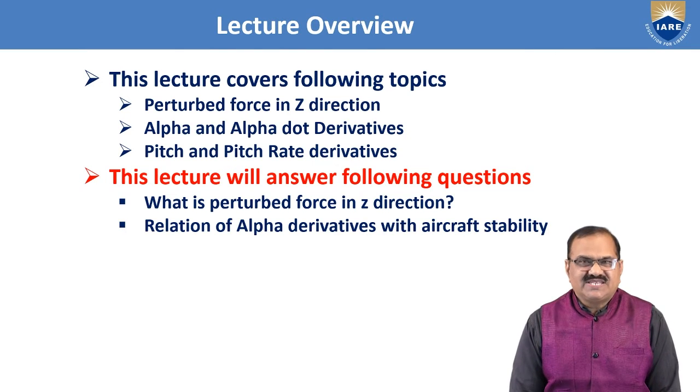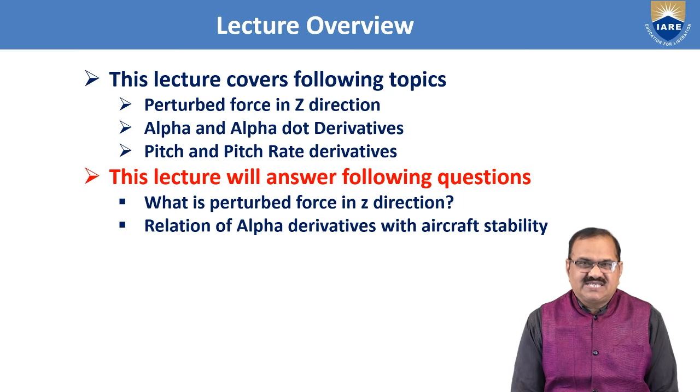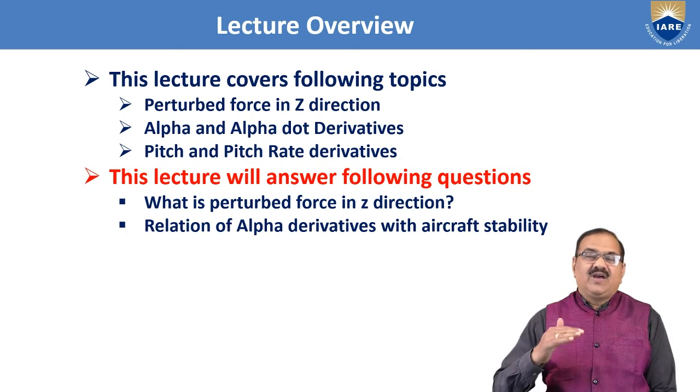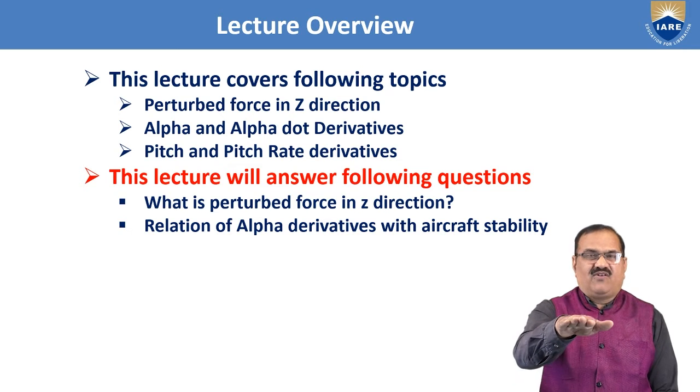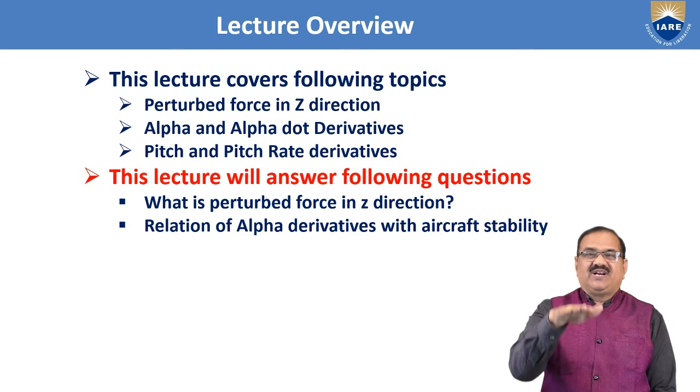In previous lectures, I have discussed three Porter quantities from the longitudinal equations of motion. There are three equations of motion in that. One is when the aircraft is moving forward, it is Fx. Another is when the aircraft is going up and down, it is called plunging.